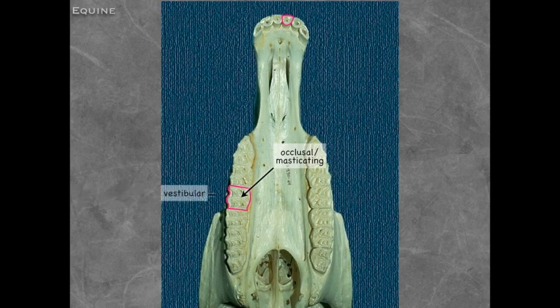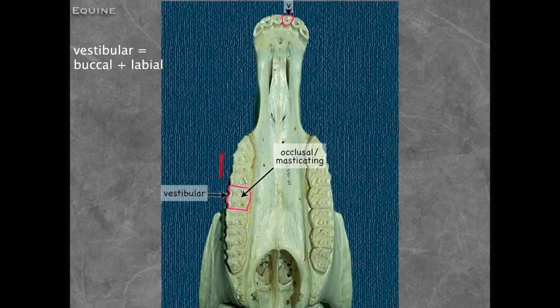So the outer surface of the tooth is the vestibular surface. Now this can be divided into a buccal and a labial portion. If we're more specific with a given tooth, such as when we're talking about the cheek teeth, which are the premolars and the molars, down here at the cheek, that outer surface is the buccal surface.